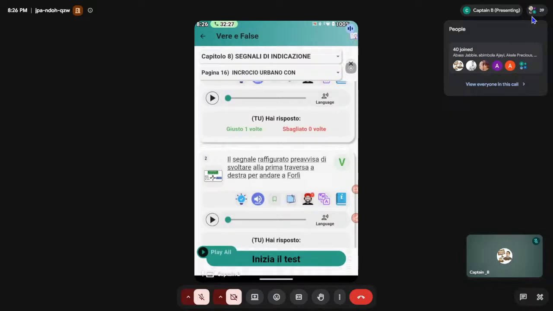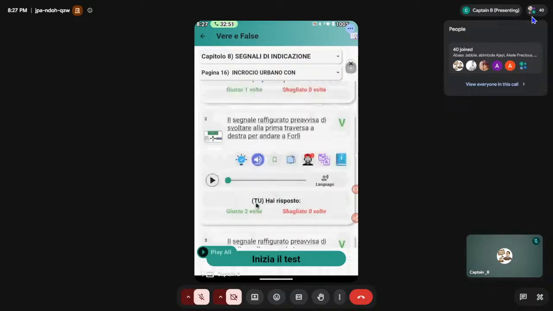Per andare a Forlì, for you to get to Forlì, you need to take the first turn, then you just take your first turn. Okay? Yes, it is true. È vero. That is where you are able to get to Forlì. And Forlì is found at the where? Right hand side. Not the left.